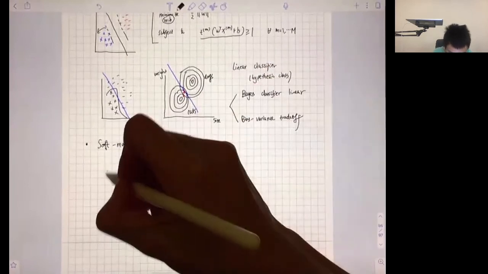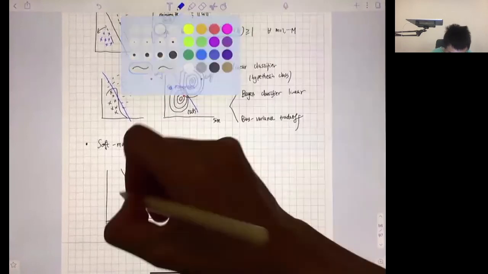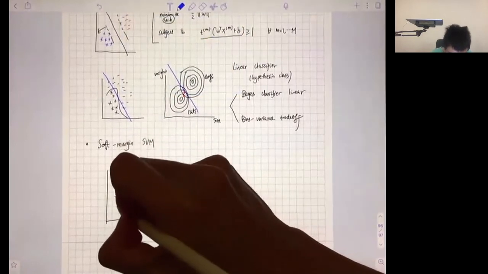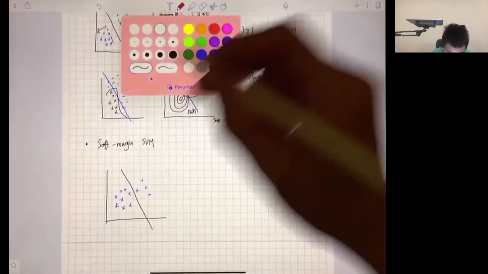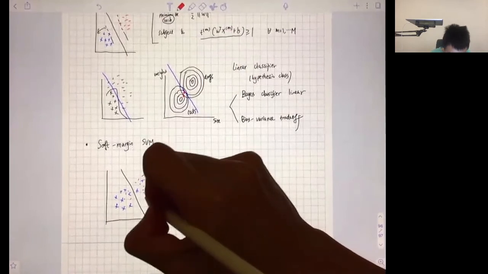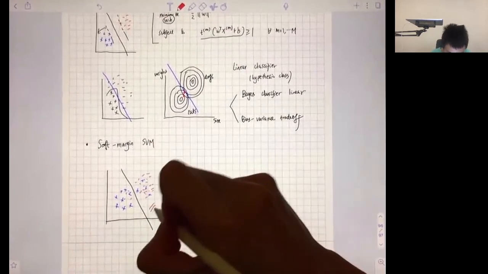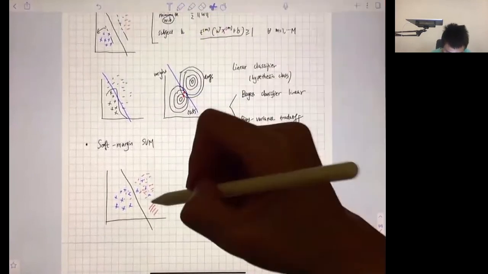So the idea is, maybe I have a few samples here, but I have some outliers like this, or some noise in the labels, which is also possible. But generally speaking, this half space is red and that half space is blue.